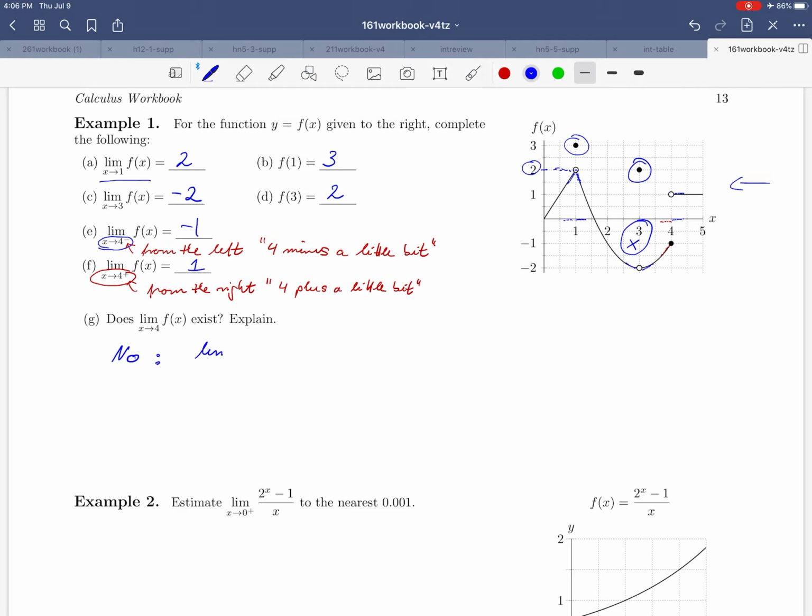And over here, the limit from the left of f of x was equal to minus 1, and the limit as x approached 4 from the right of f of x was equal to positive 1. Those are not equal to each other. And so the limit doesn't exist because the limit from the left and from the right are not equal to each other. We don't approach one value that we could call the limit.